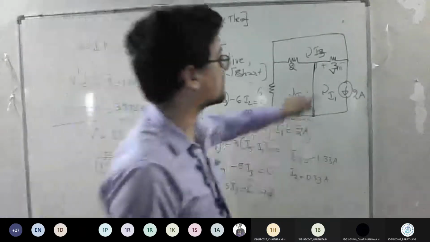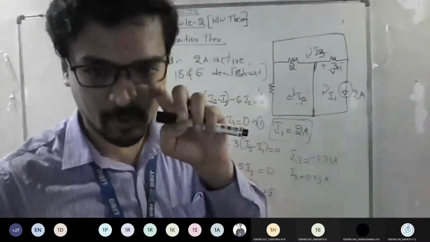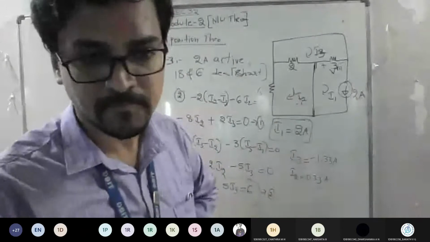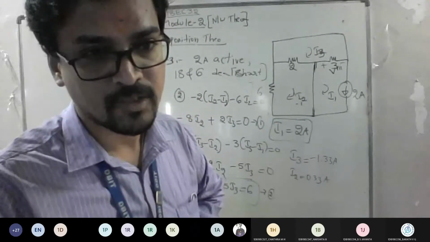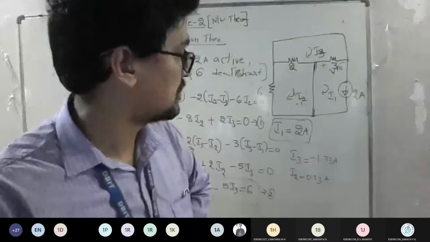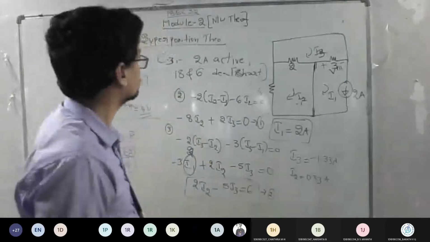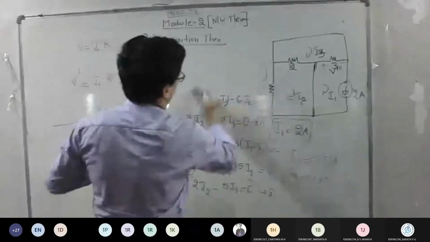See, we need to find the current across the 3 ohm resistor. So across 3 ohm, we found two currents are flowing. So do you want me to subtract I1 minus I3 or I3 minus I1? I1 minus I3, sir. So it's 2 minus 1.33. How much? 0.67, sir.